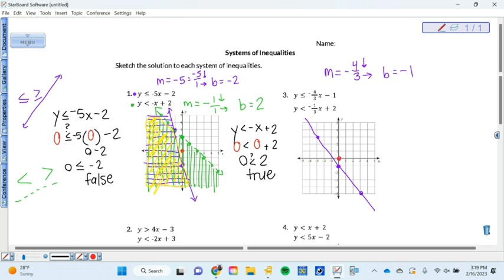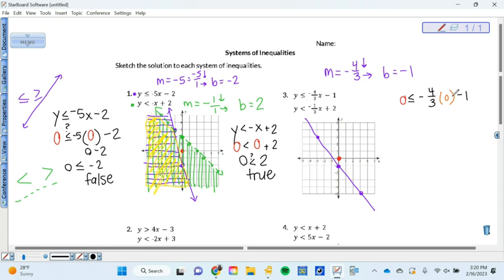And then what do I do to check what side to shade? Plug in 0, 0. So if I plug in 0, 0 to that inequality, 0 is less than or equal to -4 over 3 times 0 minus 1.